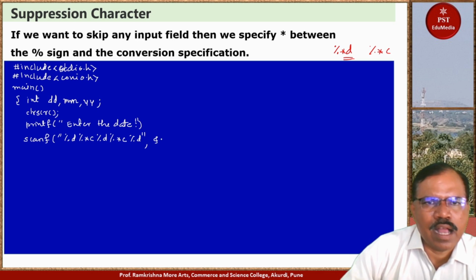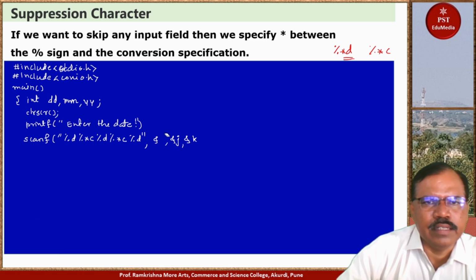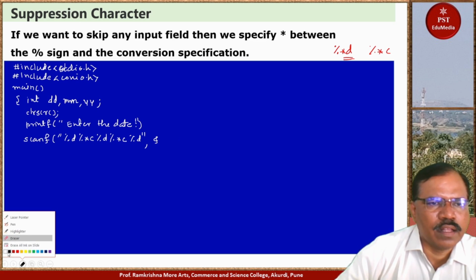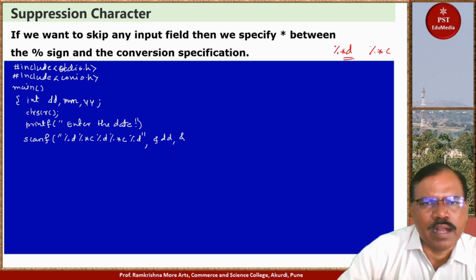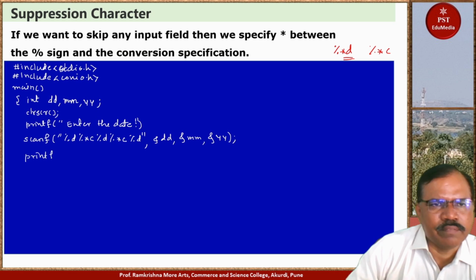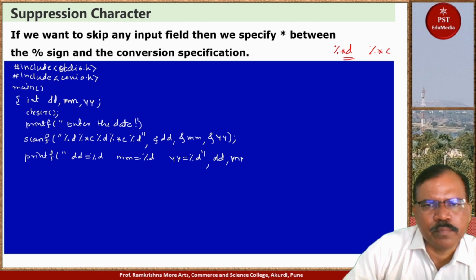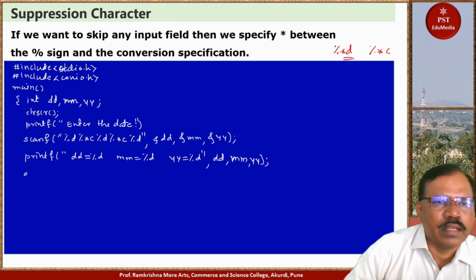And I will write here &dd, &mm, &yy, and now we will print this. printf("dd is equal to %d, mm is equal to %d and yy is equal to %d", dd, mm, yy); and getch().